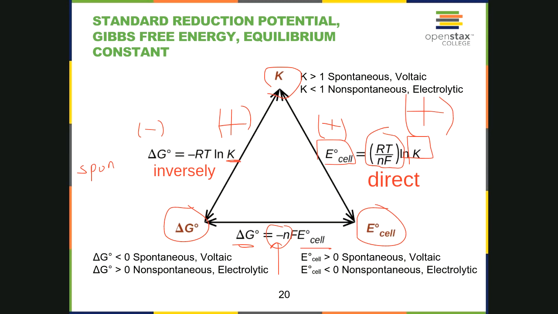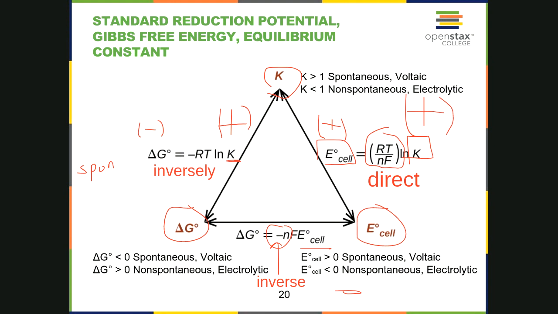I was trying to copy and paste, but it didn't work, so I have to type it. So there's an inverse relationship once again, that to get a spontaneous process, you need a negative Gibbs free energy, and you would also then need a positive cell potential.